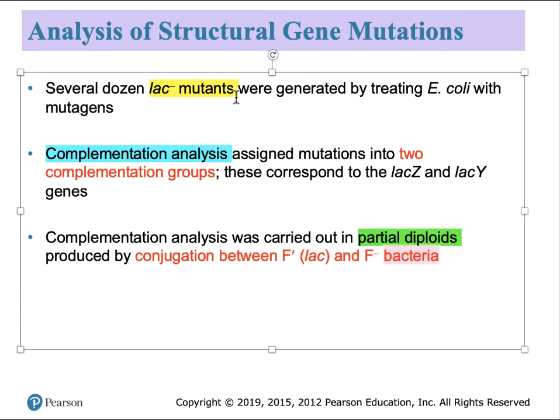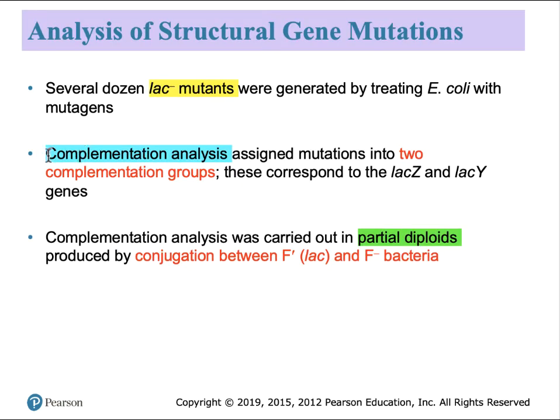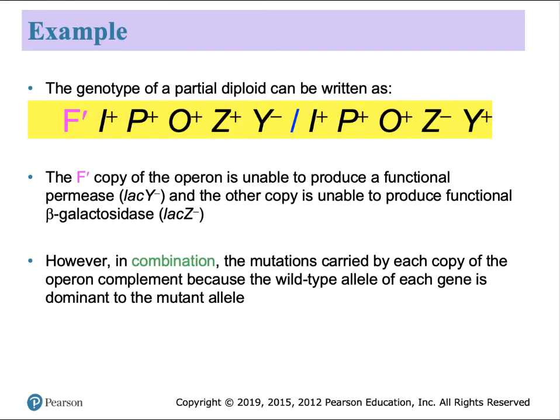Regardless, these mutations will allow us to experiment with different types of lac defects, and when these experiments were first performed by scientists, they found that the lac minus mutations fell into two complementation groups, and they now correspond to lac Z and lac Y. The partial diploid analysis uses this convention to identify the presence of the different genes and their mutation status.